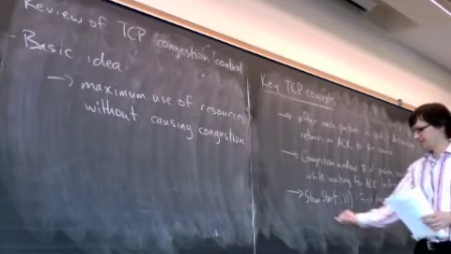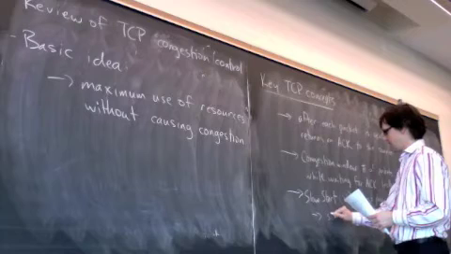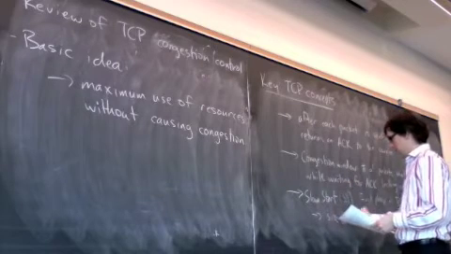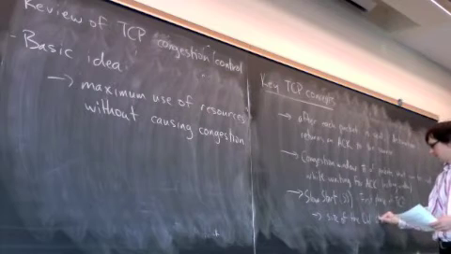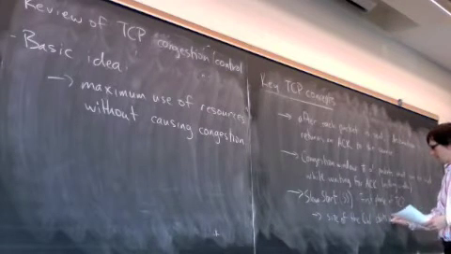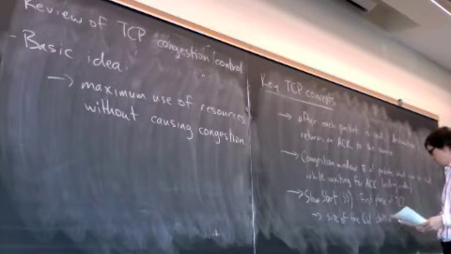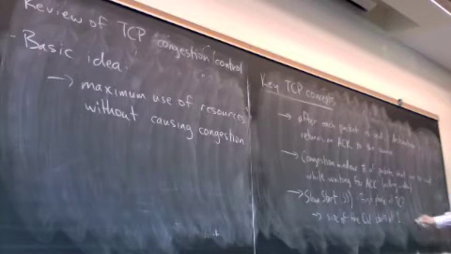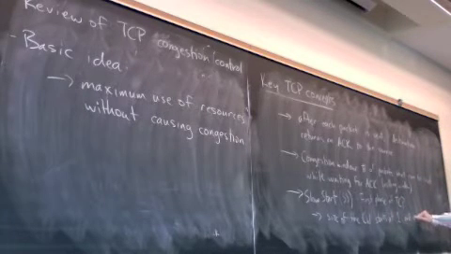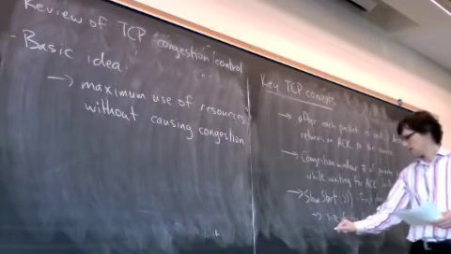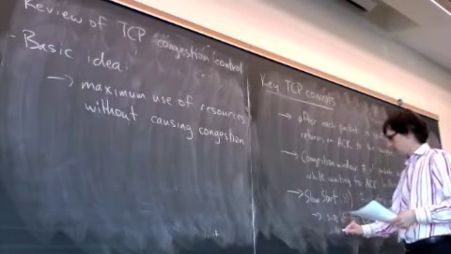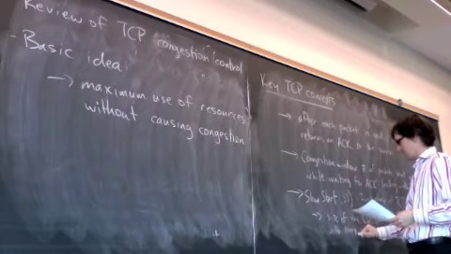And what happens here is that the size of the congestion window starts at 1. Doubles with every acknowledged packet.